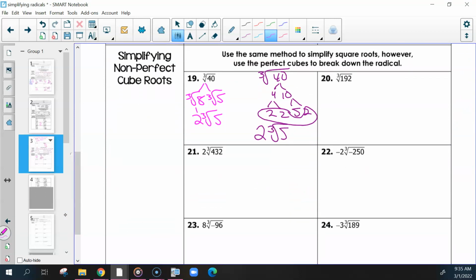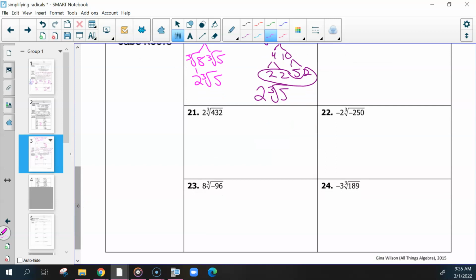Let's jump to one of these other ones. We'll do 21 and 22. So for 21, we'll do both methods, and then 22, we'll do one of them.